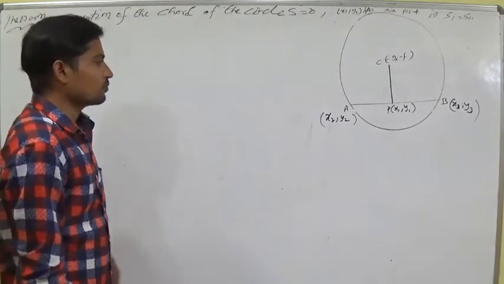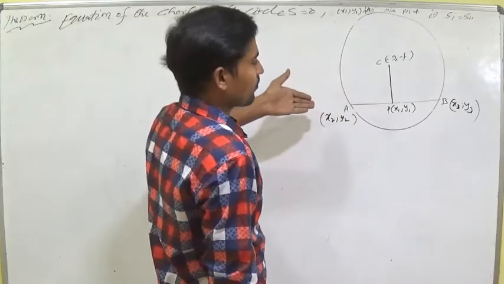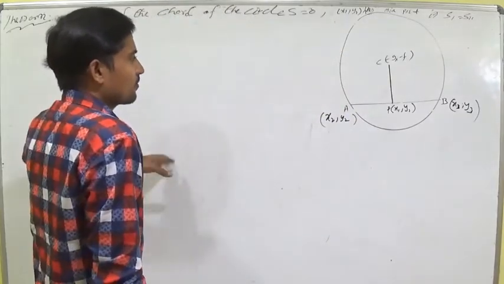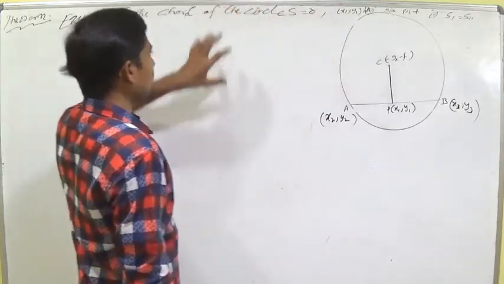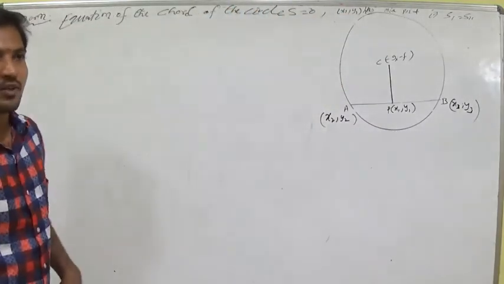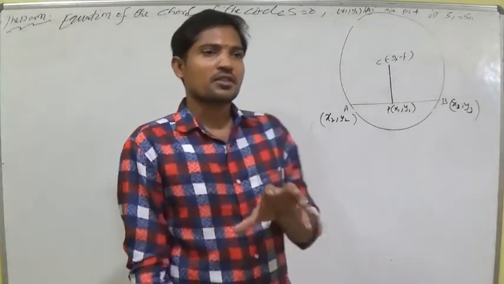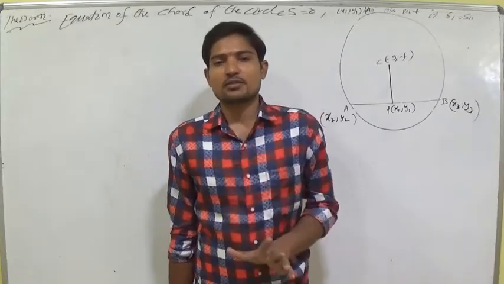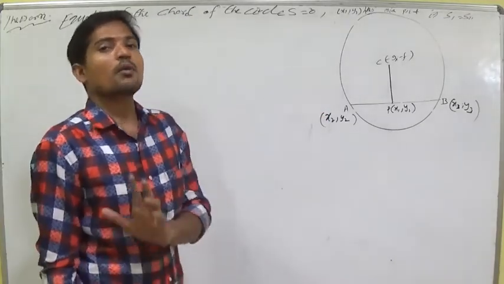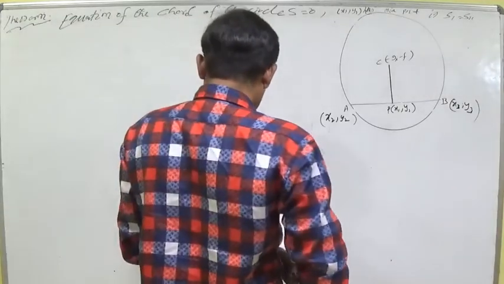The slope, here the radius. What is the radius? For the circle x square plus y square plus 2gx plus 2fy plus c equal to 0, the radius is square root of g square plus f square minus c, and the center is minus g comma minus f. Right? Let us prove this.